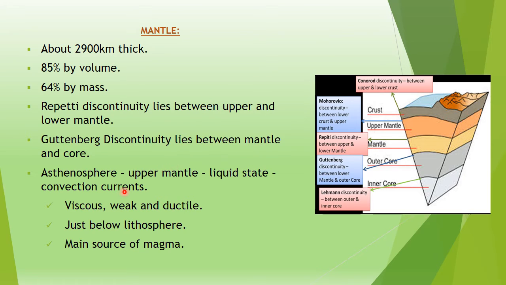Then the basic difference between upper and lower mantle is that the upper mantle is liquid in state and has convection currents here, and the asthenosphere is the main source of magma, and this is viscous, weak and ductile just below the lithosphere.